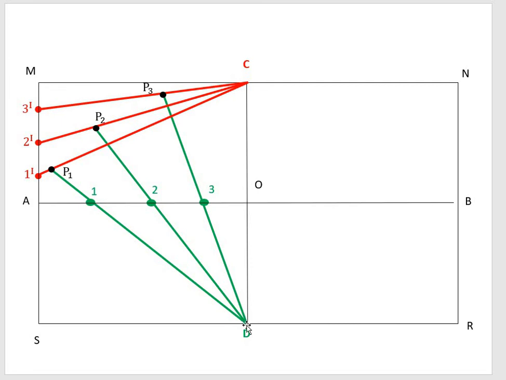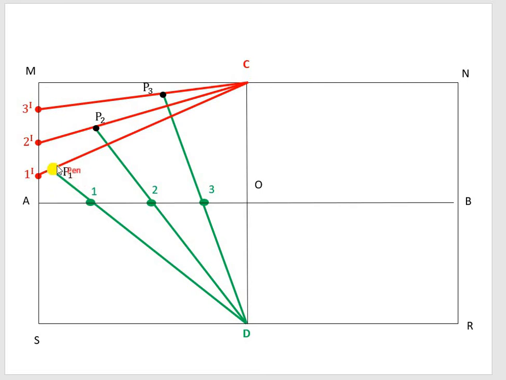From D, if you draw a straight line, it will cut at 1, and if you extend it, it will cut the first line at P1. Okay, 1 and P1. Don't extend beyond P1.